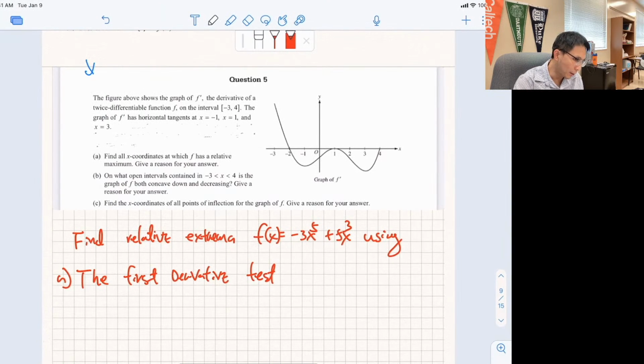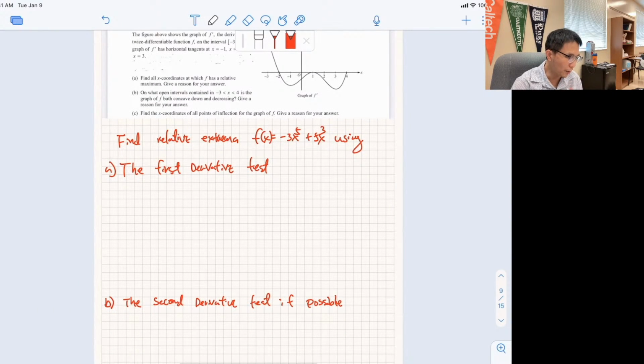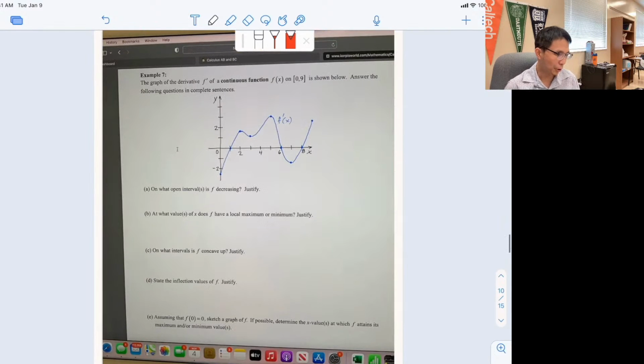And after that, you have 3 parts. Usually this is a 9-point FRQ. The first 3 parts were 6 points. So 6 points are easy. Finding relative extrema of one question using two different ways, using the first derivative test and using the second derivative test. This is the actual other question, and that's it. Very easy homework.